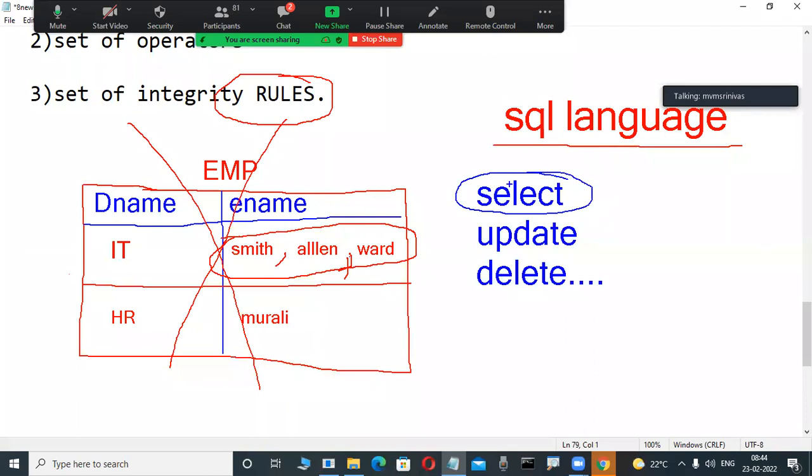But when multiple values separated with commas are in one cell and we want to select only a single value, that is impossible. We cannot select a single employee through the select statement.